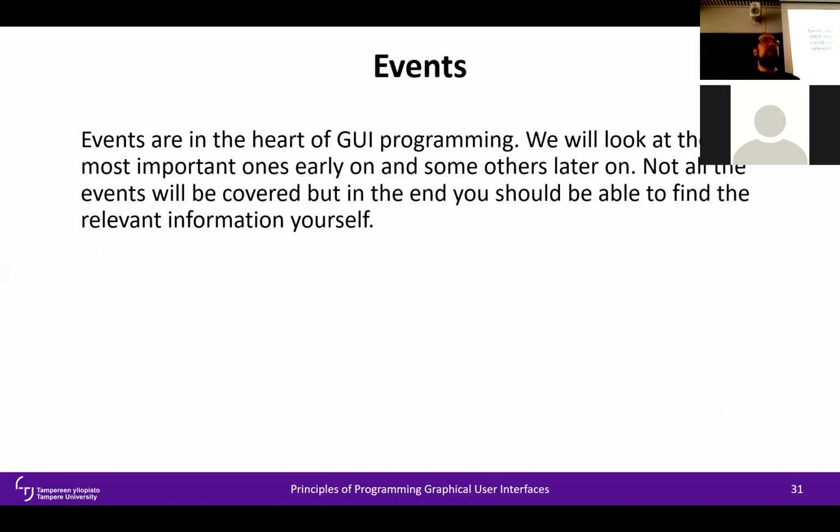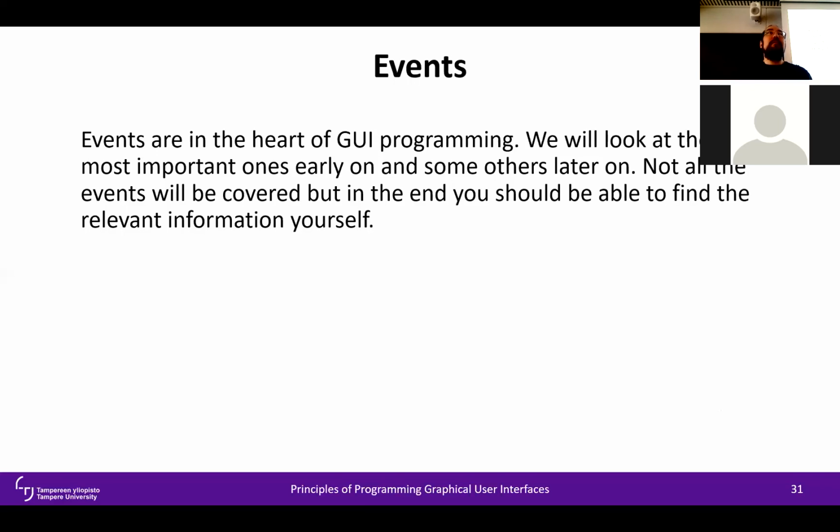Then the thing that is invisible for the user but is very important for you is the concept of event. So events are at the heart of graphical user interface programming. We will look at the most important ones early on and some others later on.